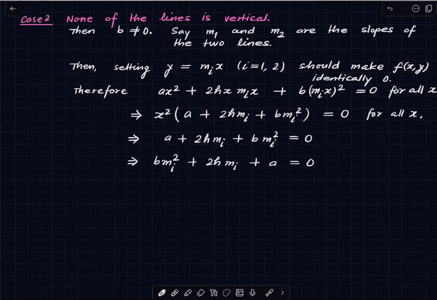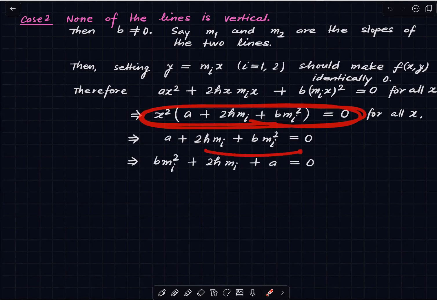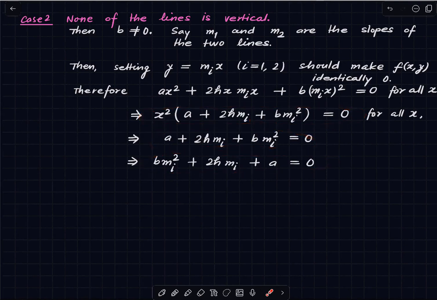And this is true for both m1 and m2, and same for this and same for this. So I should have written for i equals 1 and 2. Same here and same above, but above there is no space.